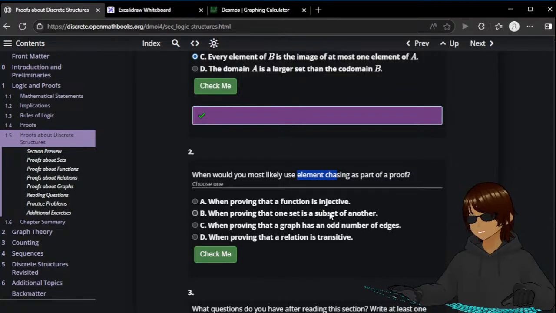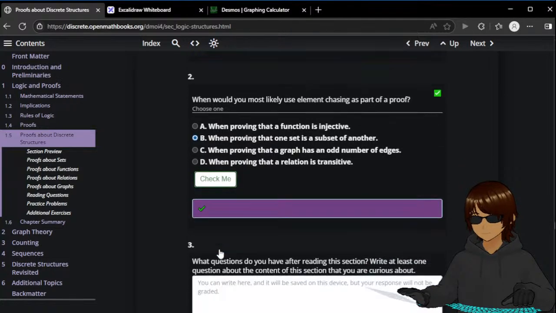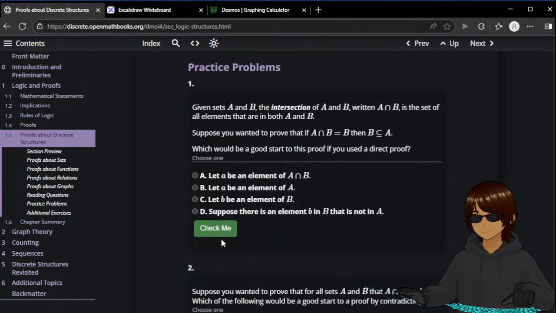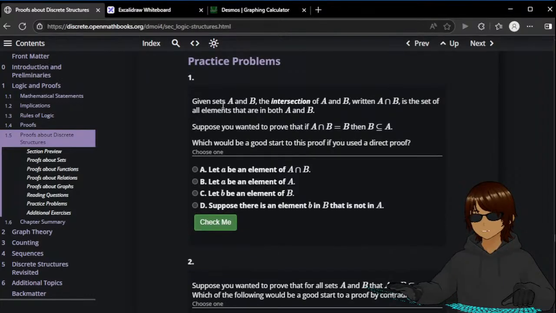When proving that one set is a subset of another. Given sets A and B, the intersection of A and B, written A intersection B, is the set of all elements that are in both A and B. Suppose you want to write the proof that A intersection B is equal to B, then B is a subset of A. Oh, yeah, that makes sense.